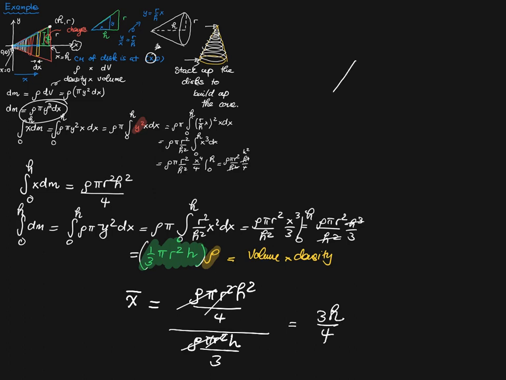So it means that if I've got a cone like this, the center of mass must be below the apex by the distance of 3h over 4, or it is above the base by the distance of h over 4. So this is the center of mass of the cone. This is how we use integration to find the center of mass of a rigid body.